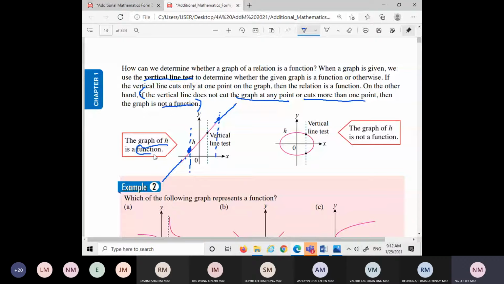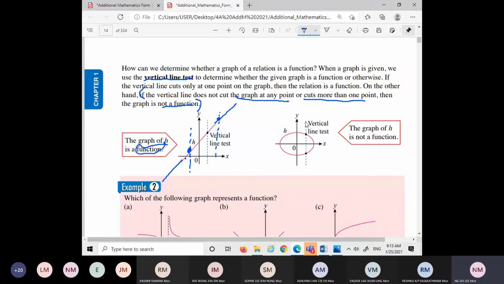Now you draw the vertical line. On the graph here, do a vertical line test to test whether the graph is a function or not.